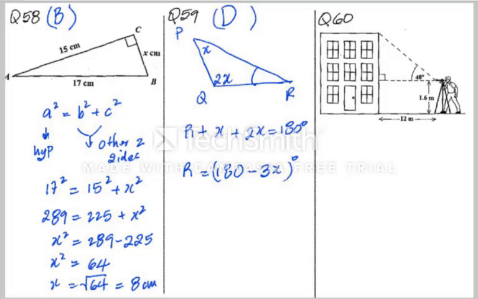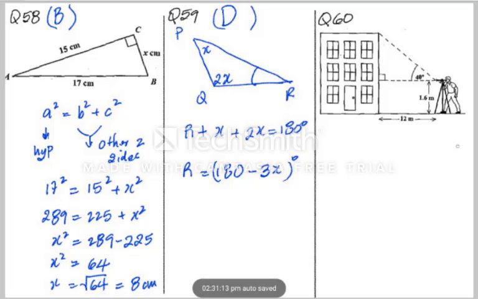Last but not least, question number 60. An estimate of the height of a building obtained by calculation. All right, a few things that we know.